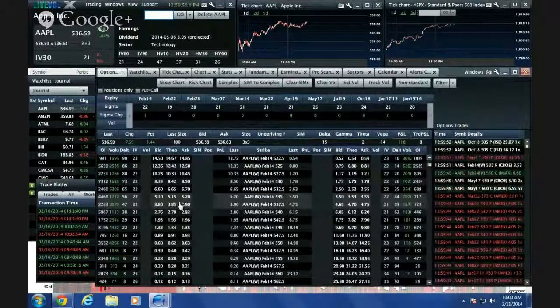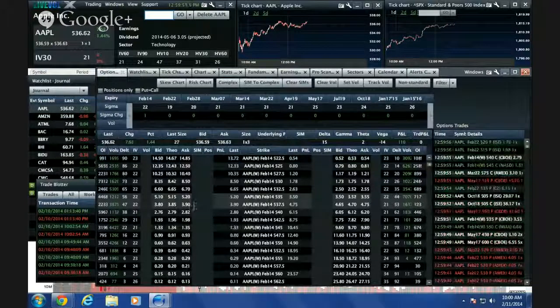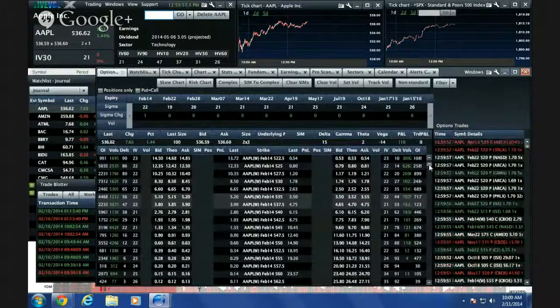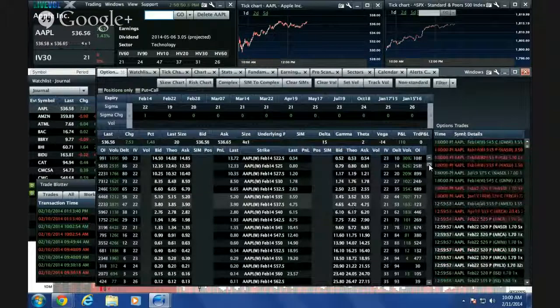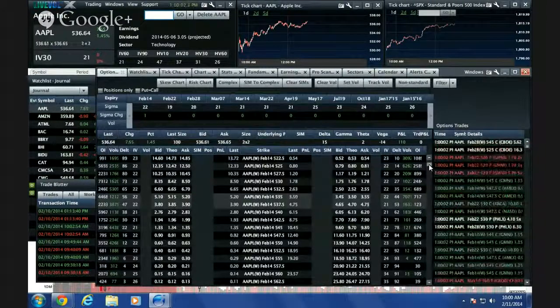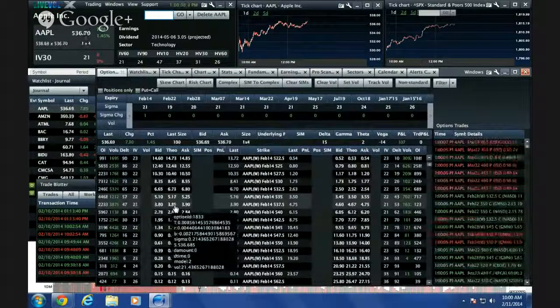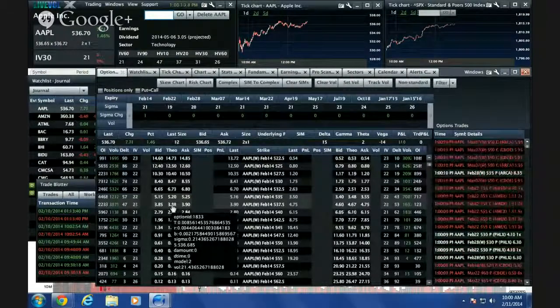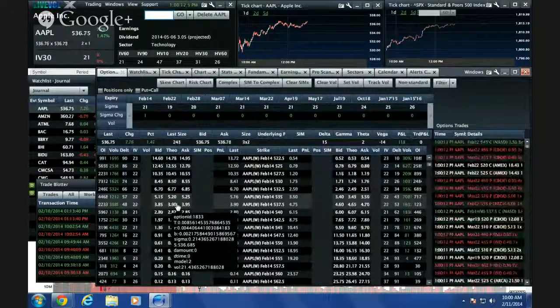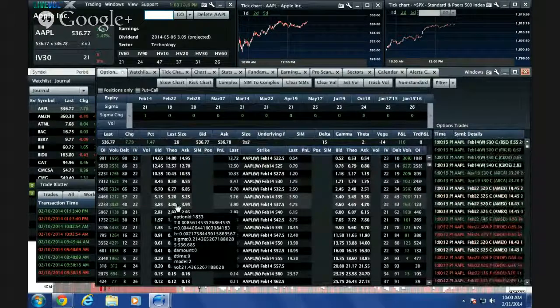So let's say the stock goes down to 510 by April 19 expiration week. I would not lose all of my $11, most likely because of the volatility going higher. Because Apple goes down, I might be able to get between $4 and $5 out of that spread. So I would only lose 50.